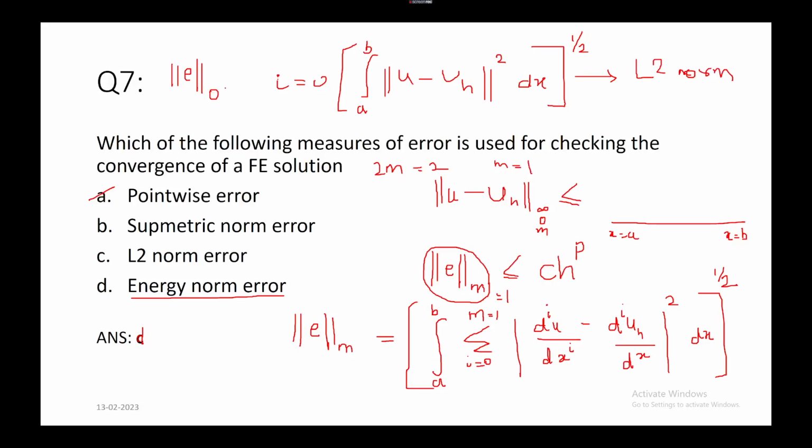If instead of 0 the subscript was 1, then inside the integral you will have plus d u by dx minus d u_h by dx.